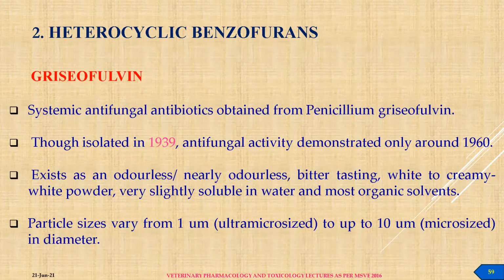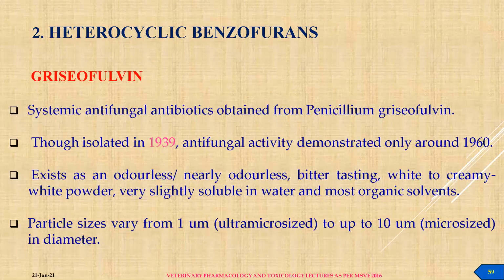That is the microorganism which secretes griseofulvin, and it was isolated in 1939, many years back. Its antifungal activity was demonstrated only around the 1960s. It exists as an odorless, nearly colorless, bitter tasting, white to creamy white powder.